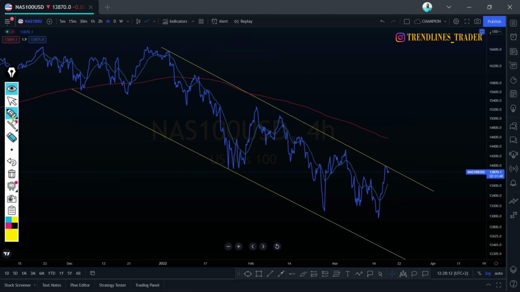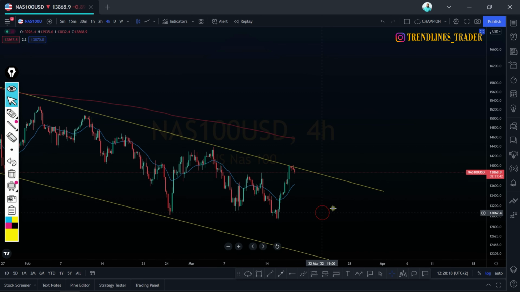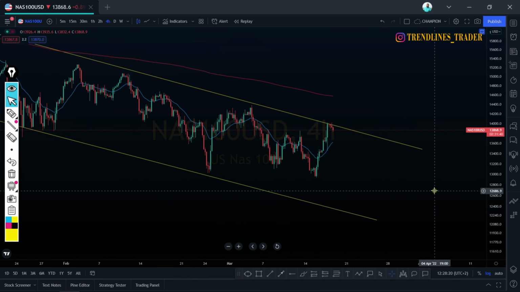So ladies and gentlemen, let me move closer to our price with the candlesticks, so we can tell where we are going exactly. In previous days we had this type of chart.